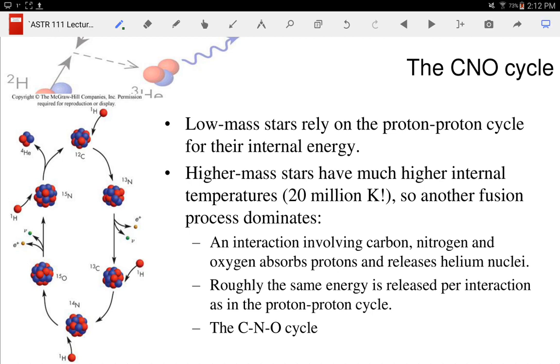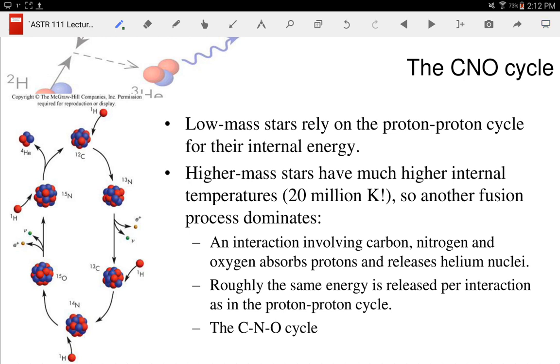The CNO cycle is a cycle where you add a proton to a carbon atom. You take it from a carbon 12, you see the top there is a carbon 12. The 12 means it has 12 things in the nucleus, 6 protons if it's a carbon. So carbon 12 is 6 protons, and 12 minus 6 is 6 neutrons.